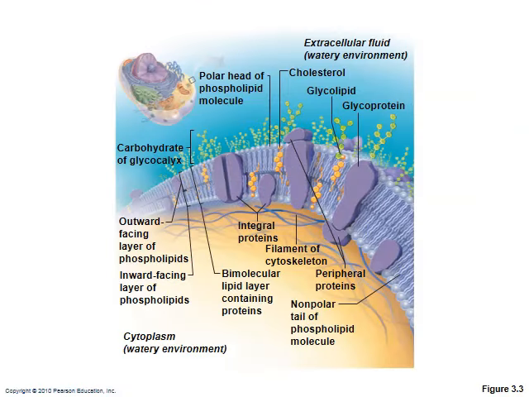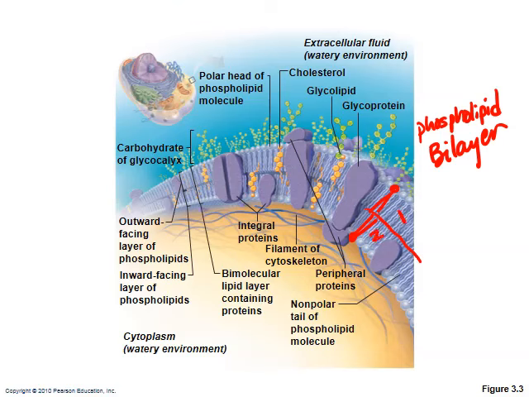So before we move on, let's go ahead and look at the plasma membrane structure. So here is the head of the phospholipid. Here are the 2 fatty acid tails. Then over here there's another layer where there's a head and 2 fatty acid tails. We call this a phospholipid bilayer. So you can see right down the middle here that there's 1 and 2 layers.